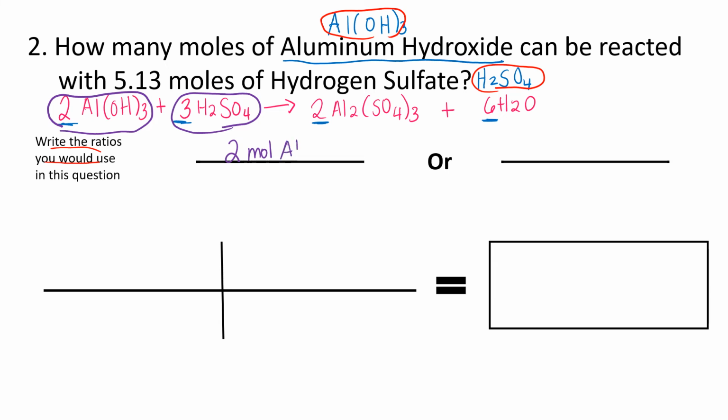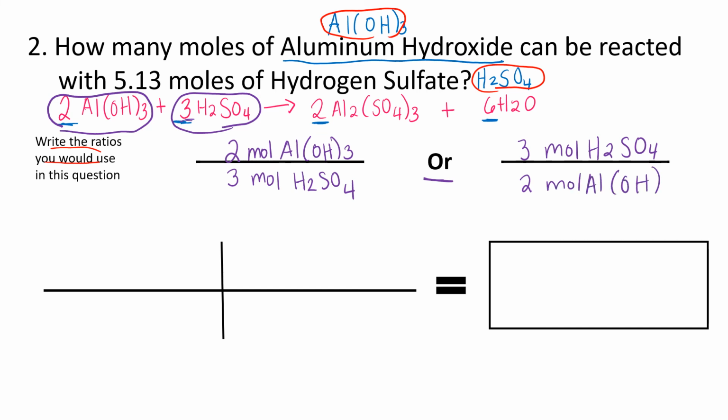And then Al(OH)3. And the other one that was mentioned was H2SO4, so we know that we balanced it with the coefficient of 3. So 3 moles of H2SO4. Okay, the or part is just pretty much flipping that ratio. So all I'm going to do is flip it around, because now that's going to give me a choice on what I could possibly use in our equation.